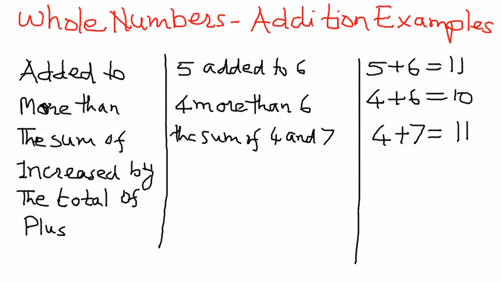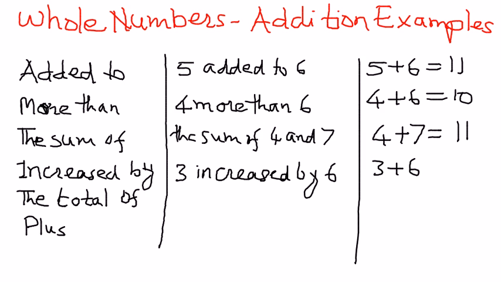Then another phrase which is commonly used for addition is increased by. So if we have an example of this kind, 3 increased by 6, this also means addition. 3 plus 6 equals 9.